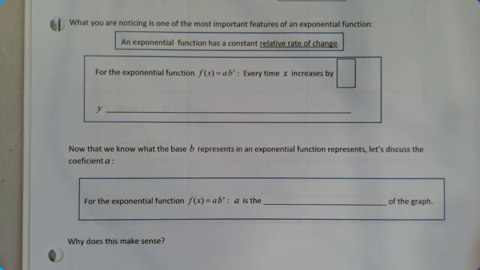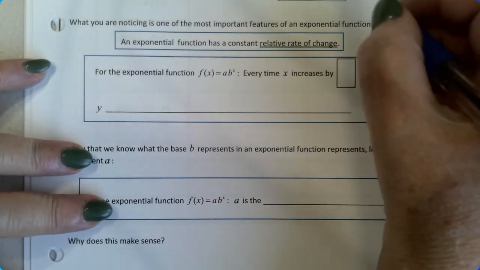When something is changing by an addend or a subtraction, we say that's the absolute rate of change. That's the amount that it's going up or down each time. When something changes by a multiplier, we call it the relative rate of change. So just a quick comment there.